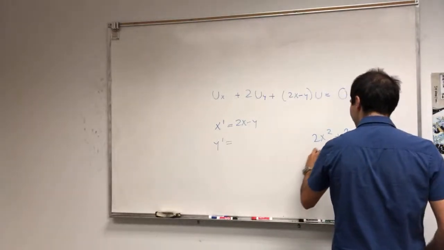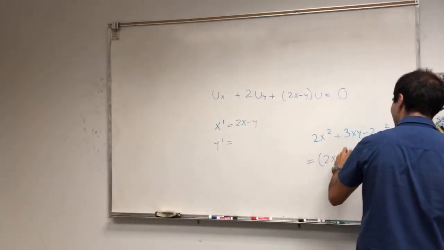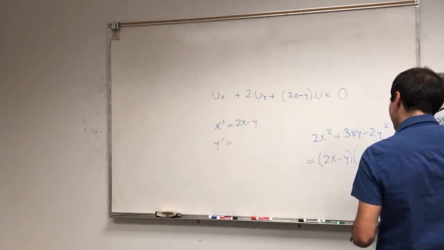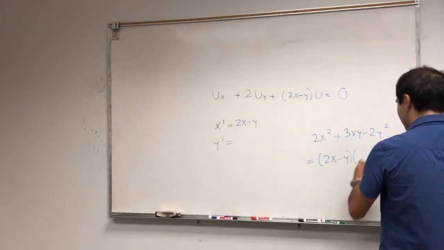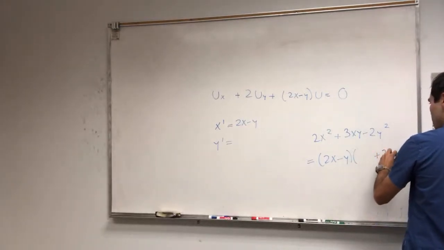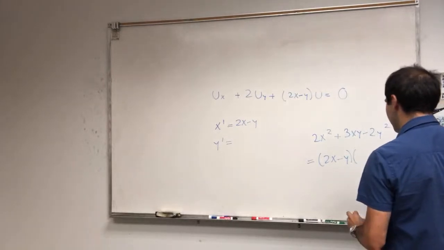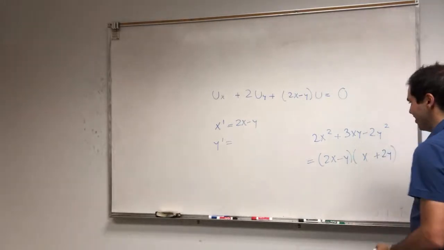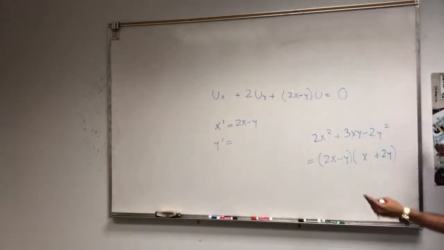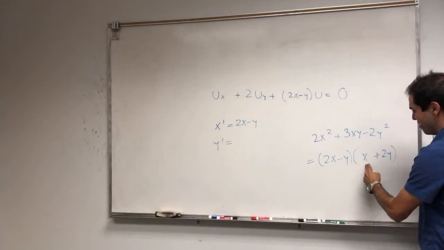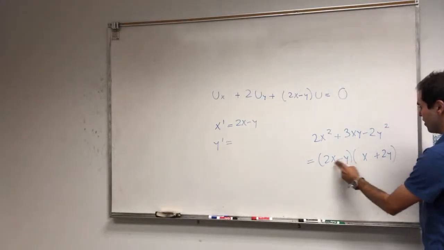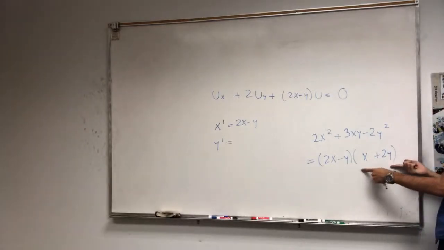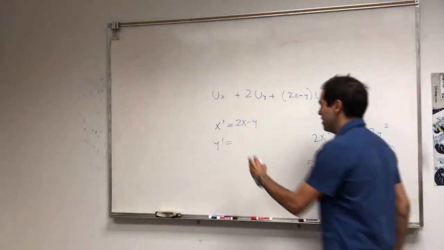I believe you can factor this as (2x minus y) times (x plus 2y). Checking: 2x squared plus 4xy minus xy minus 2y squared, yes, that works. So you can use x plus 2y as the other variable.